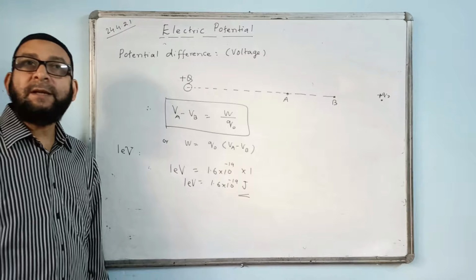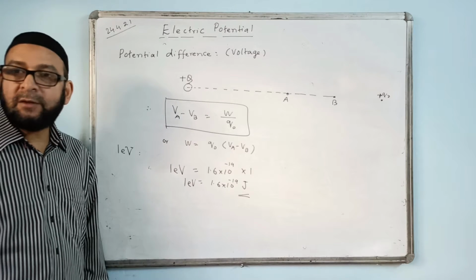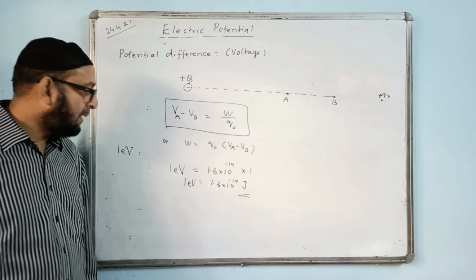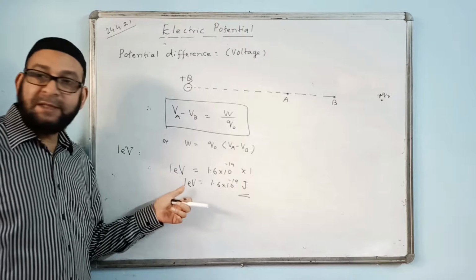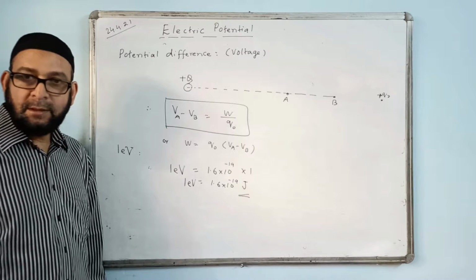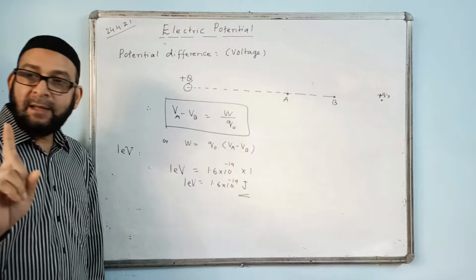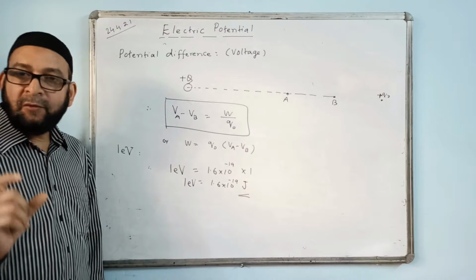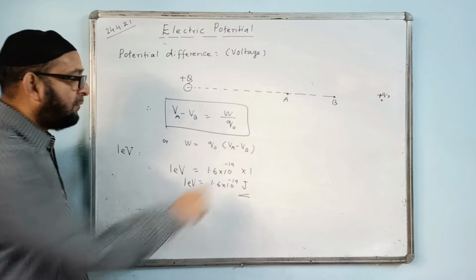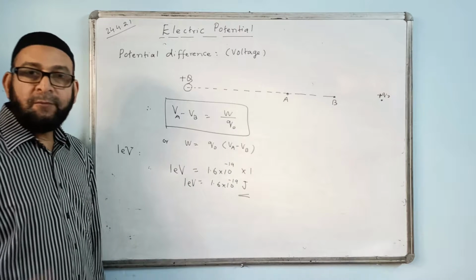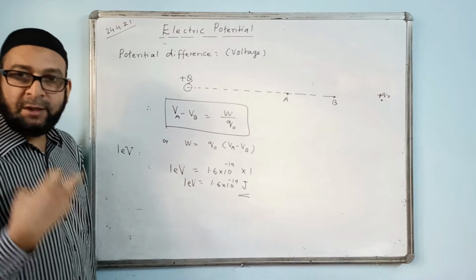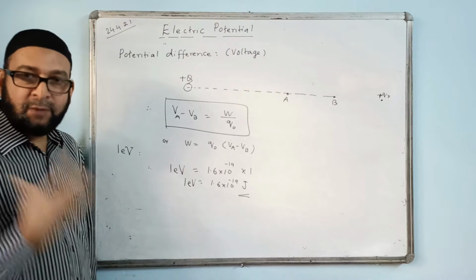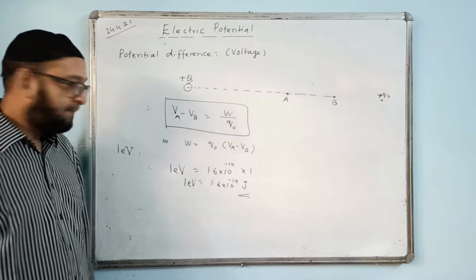How to define 1 EV? If the question paper asks to define 1 electron volt, we say it is the amount of energy gained by an electron through a potential difference of 1 volt. Work means actually energy gain. Whatever is the work done, that is the value of the energy gained.